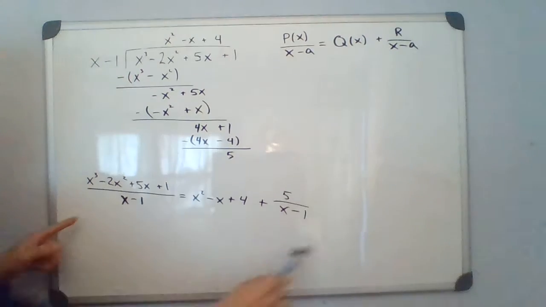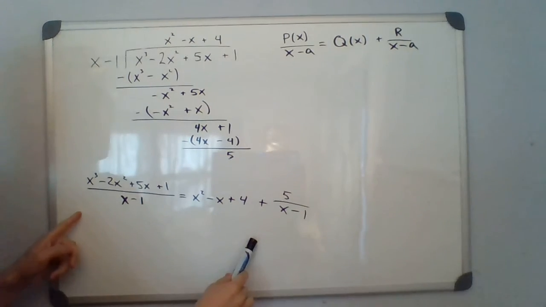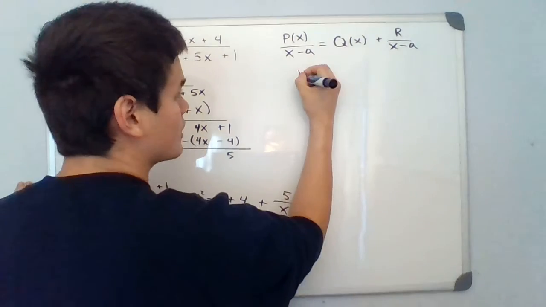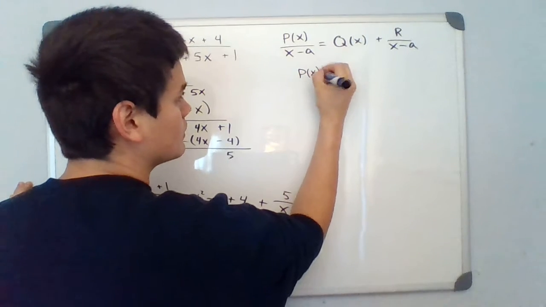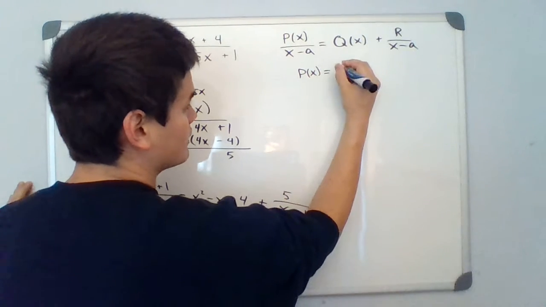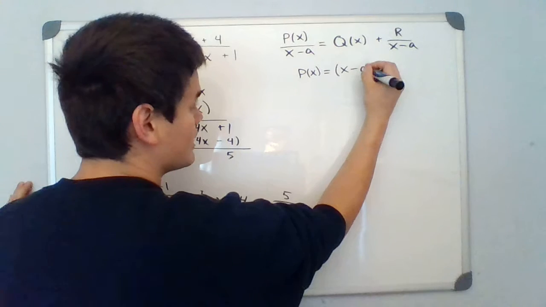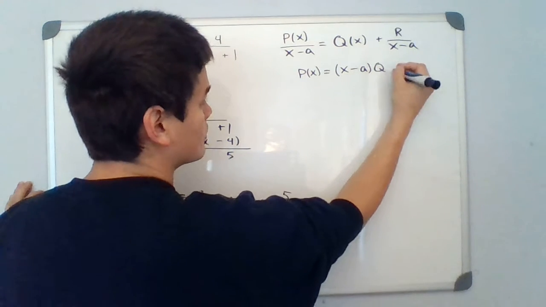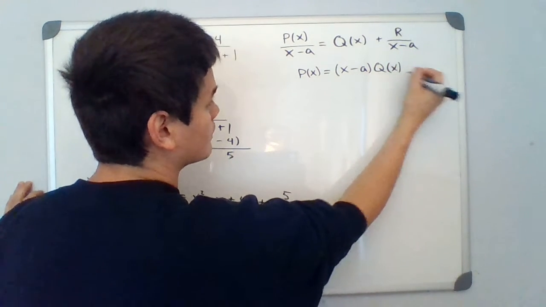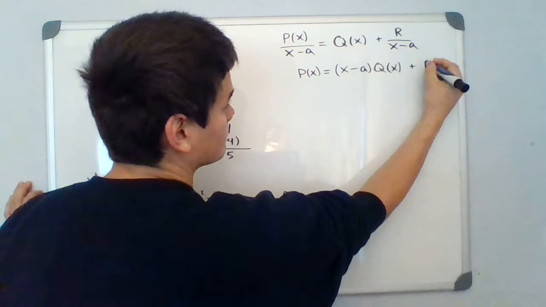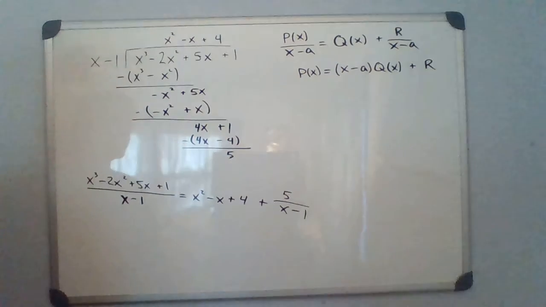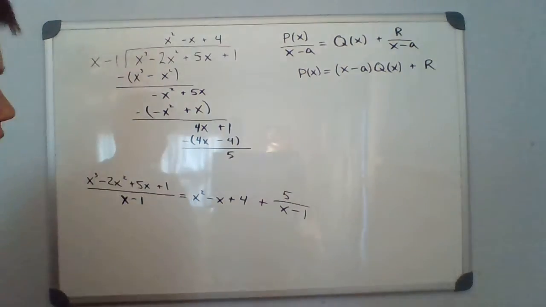So this is in the same form as this right here. And I can also write this as this polynomial p of x is x minus a times the quotient plus the remainder. I think I've written it like that before as well.